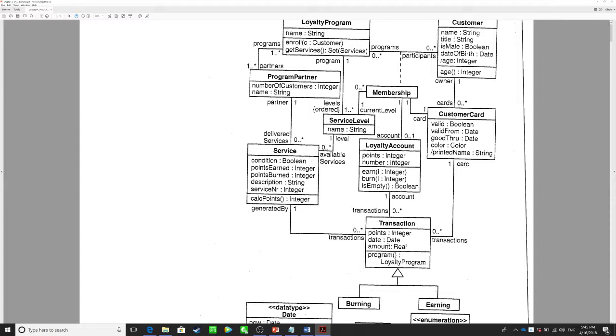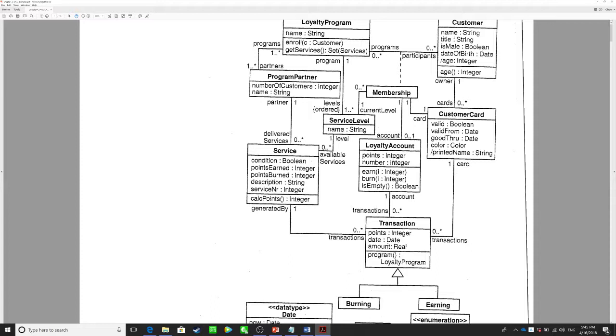Okay. So, but that kind of information, basically, it's missing from this class diagram. Because we only have this partner, we have this account, and partner will do some services like points earned, points burned, and they do some operation to the loyalty account.